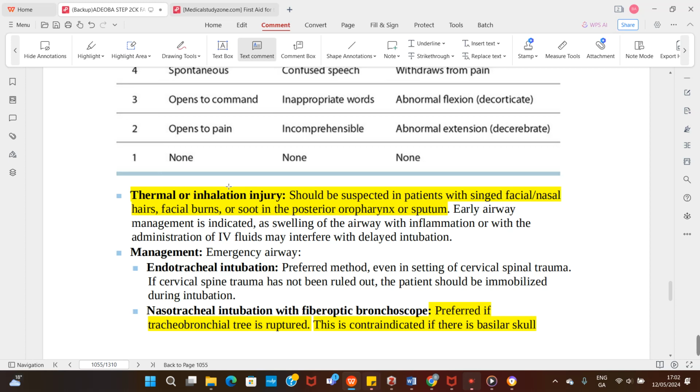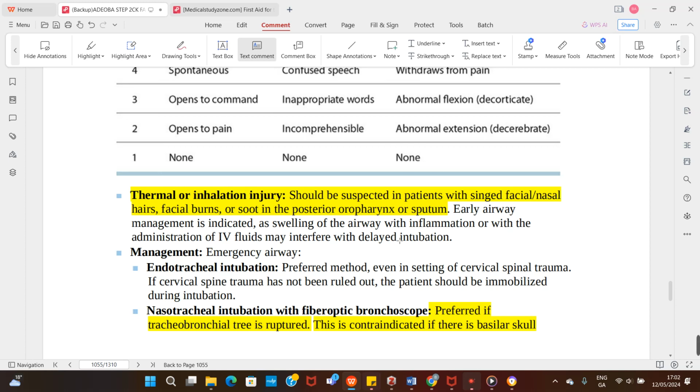You open their mouth, you are seeing soot, carbonaceous sputum, right? So this is a patient you need to consider for intubation as soon as possible, because there's a high tendency for laryngeal edema to set in. Once there's edema, the airway becomes less patent and there is a high risk of dying. So you quickly need to arrest and secure that airway as soon as possible.